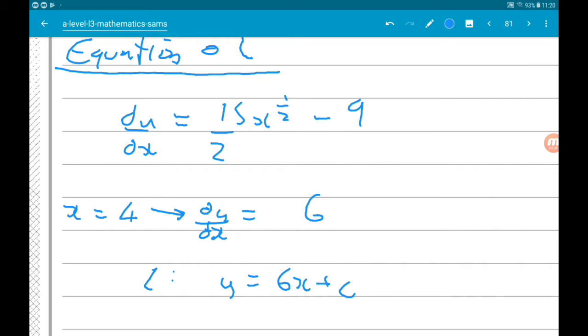To find c, we substitute in the coordinates of P, which are 4, 15.